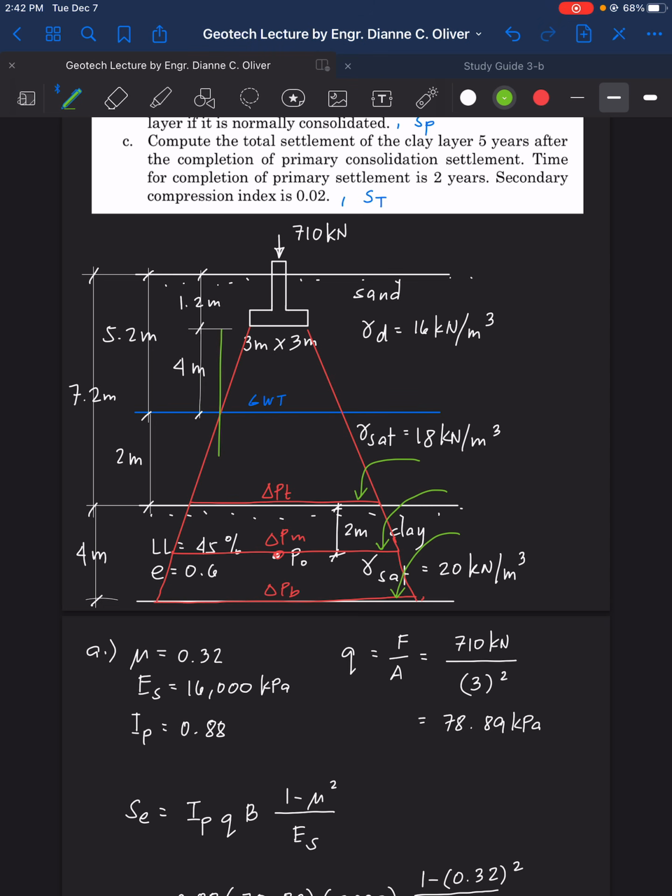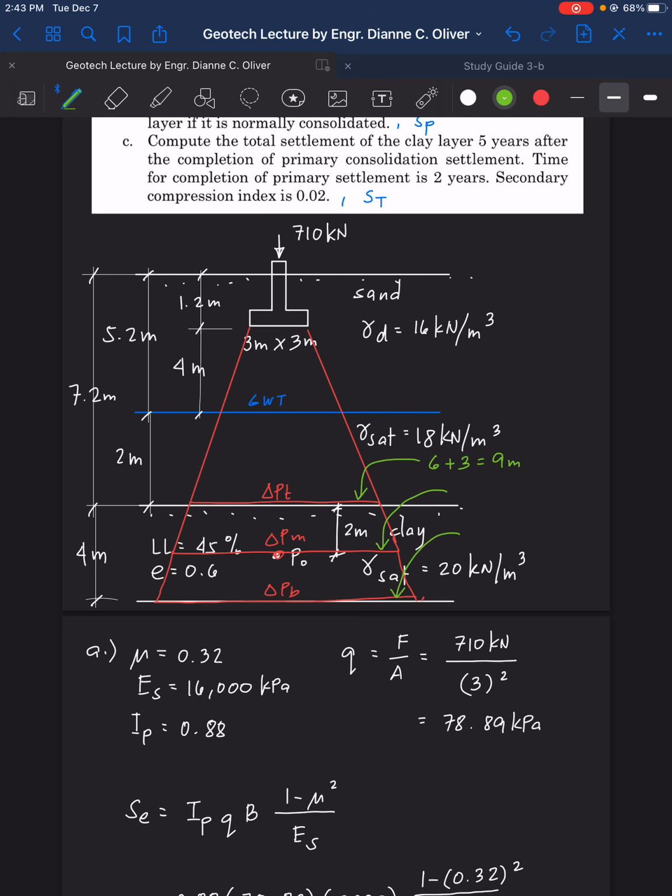The height here is 4 meters plus 2 meters equals 6. Therefore, 2 times 6 divided by 2, we have 6 plus 3 equals 9 meters.